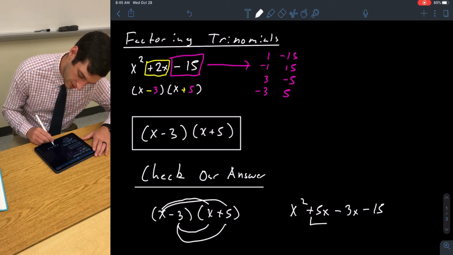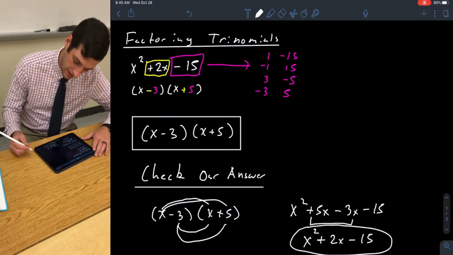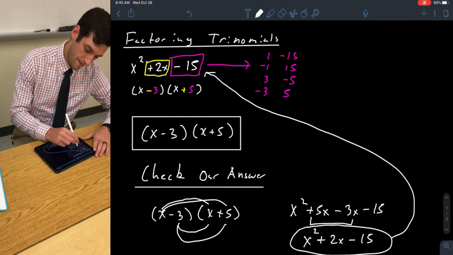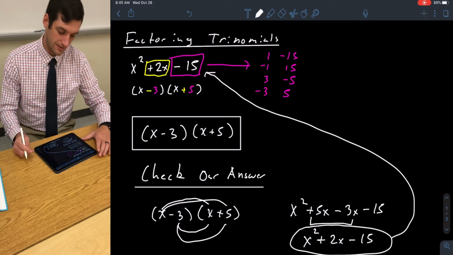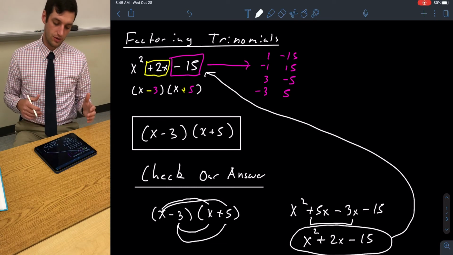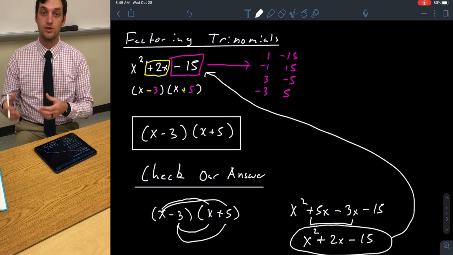Combine our like terms: x squared plus 2x minus 15. And there's your answer. So if you notice, that equals that. Those two things are the same thing. So that's how you tell, whenever you get your answer, if you've checked it, that's how you know that you factored it correctly.